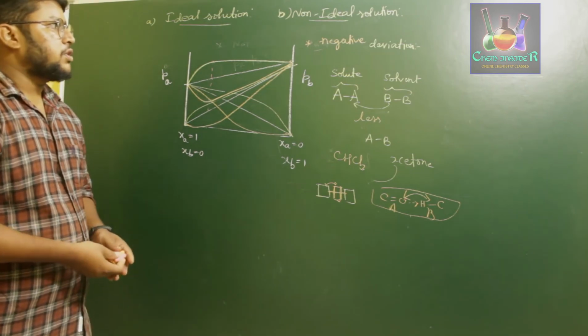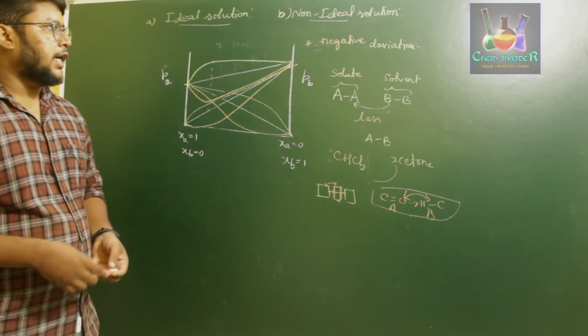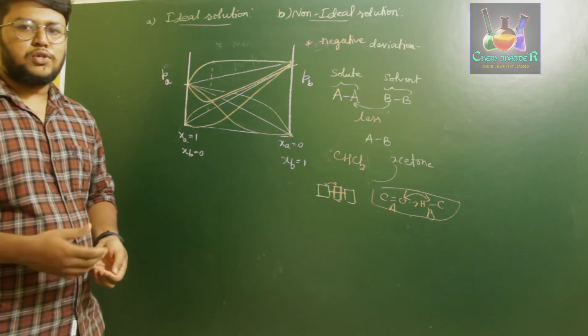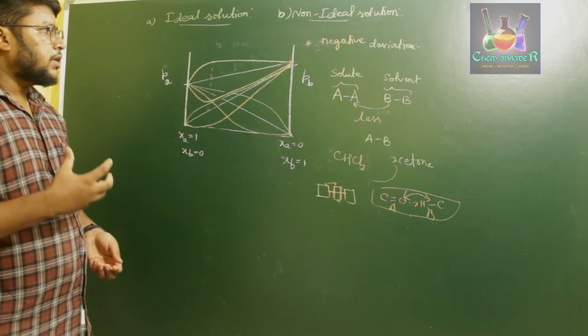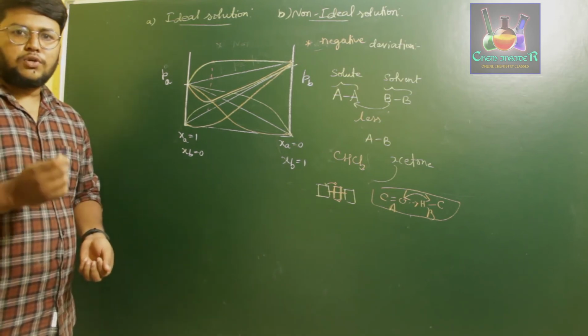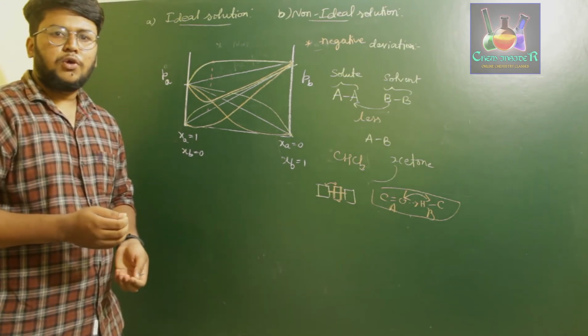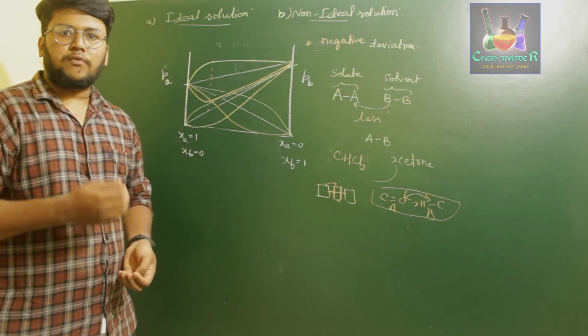Further, this positive deviation and negative deviation of ideal solution can also be defined in terms of azeotropes. So what is an azeotrope? Azeotropes are those compounds which have the same composition both in the liquid phase and vapor phase.